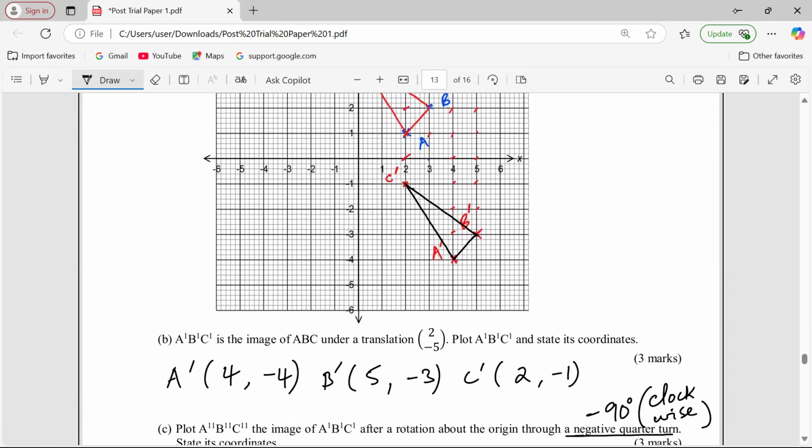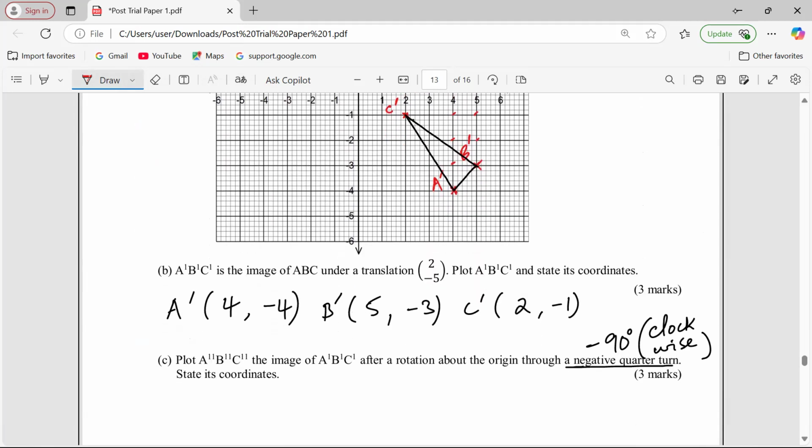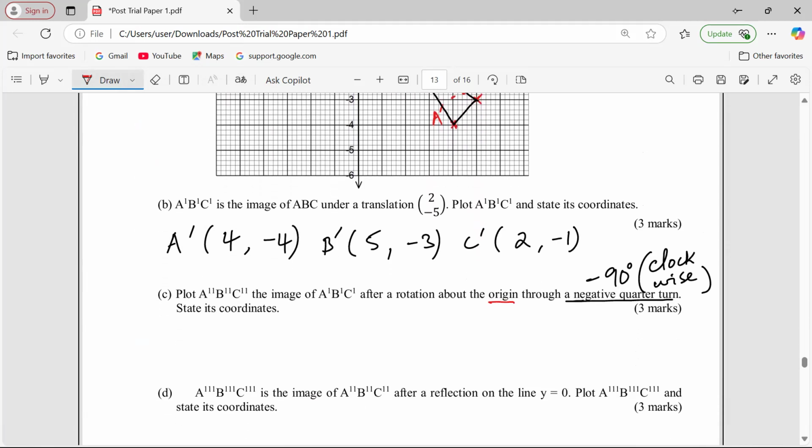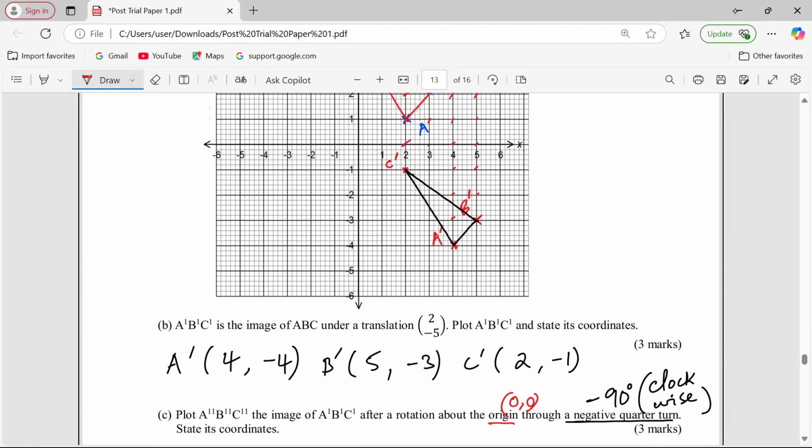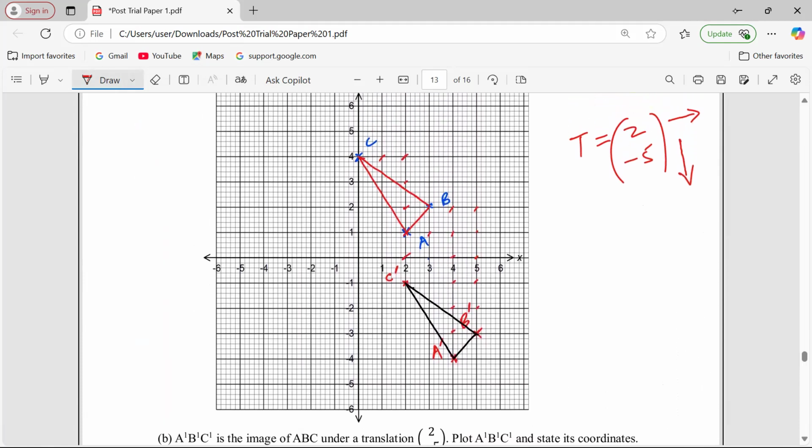So we shall rotate in the clockwise direction. So we start rotating. Remember about the origin. The origin is coordinate (0, 0). Therefore, we are supposed to connect. If it is C, we connect C to the origin.